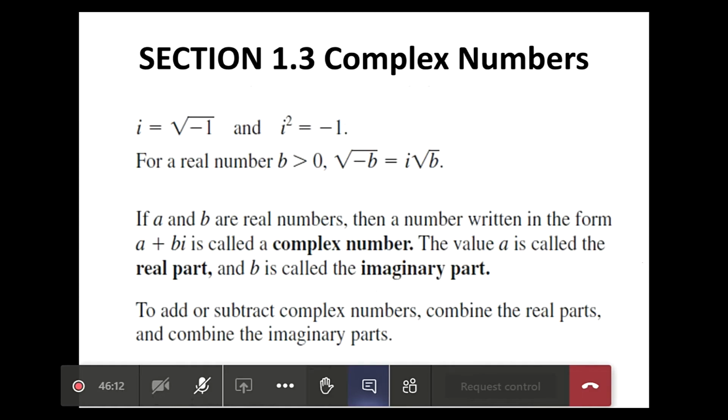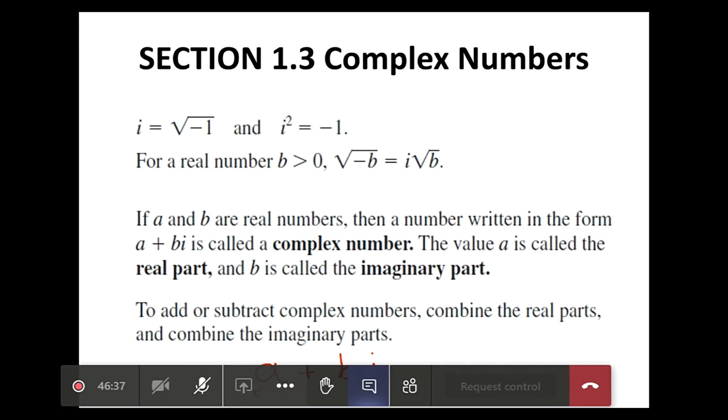Look at the complex number. In a complex number we have two parts, the real part and the imaginary part. So a number in the complex form is A plus Bi.